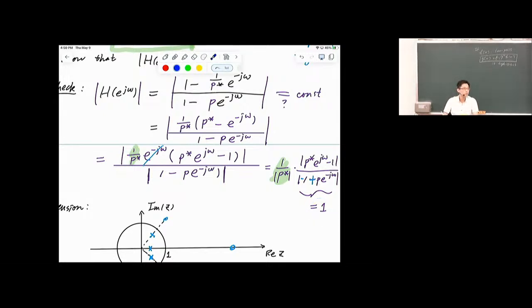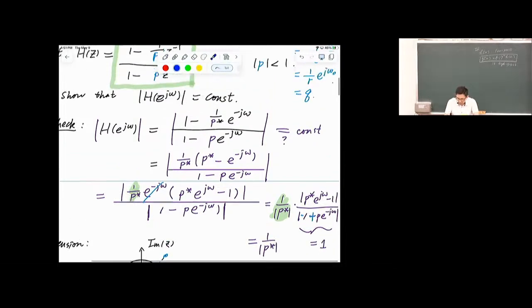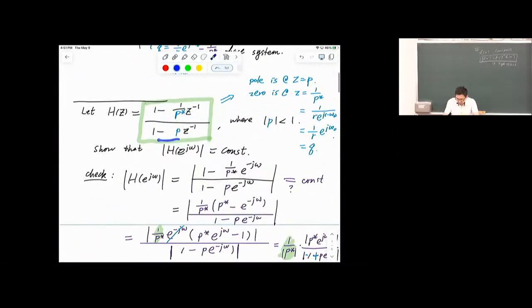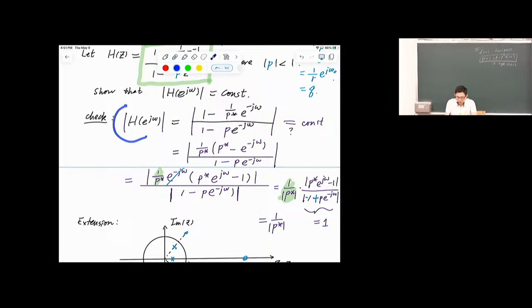So with this rather simple derivation, which doesn't take up too much time, we've shown that when we put a pole there and a zero at the reciprocal location, and define our system function the usual way, the magnitude response is a constant equal to 1 over r, where r is the length of the pole.